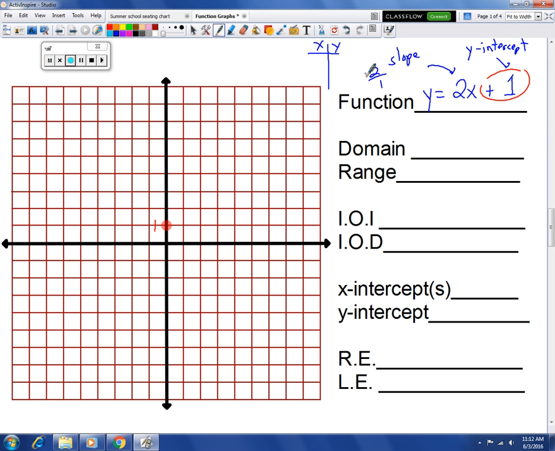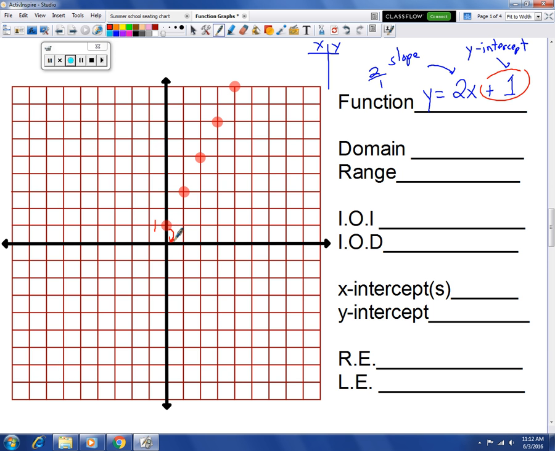Up 2, right 1. Up 2, right 1. Up 2, right 1, up 2, right 1. When you practice, it gets so easy. Now go left 1, down 2.